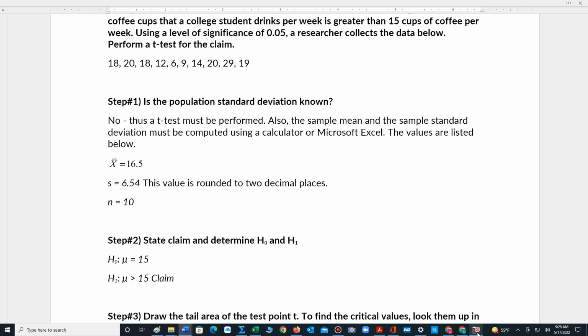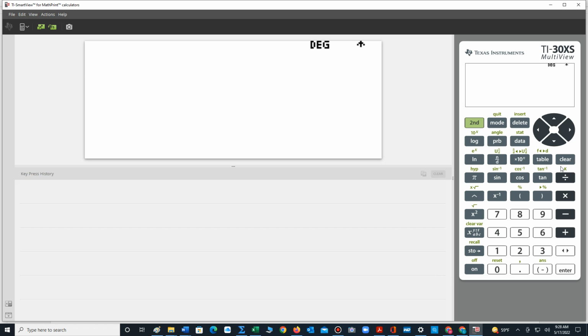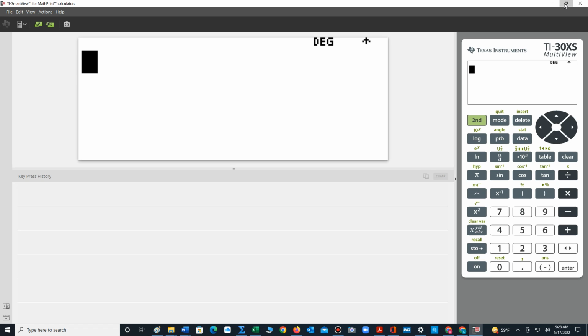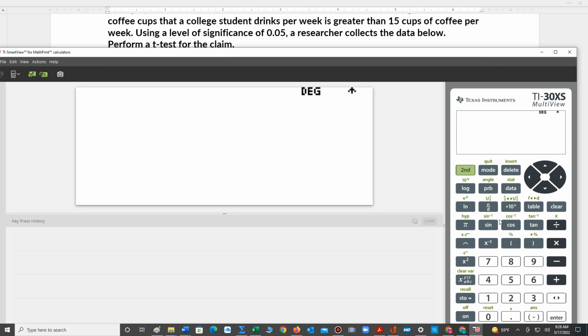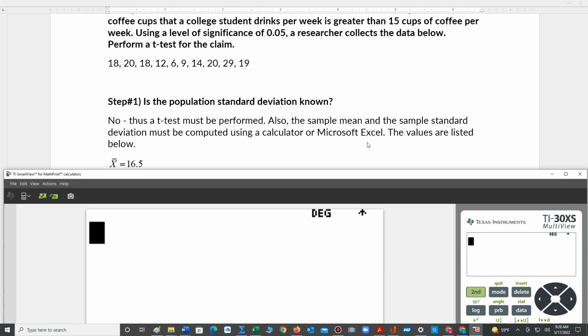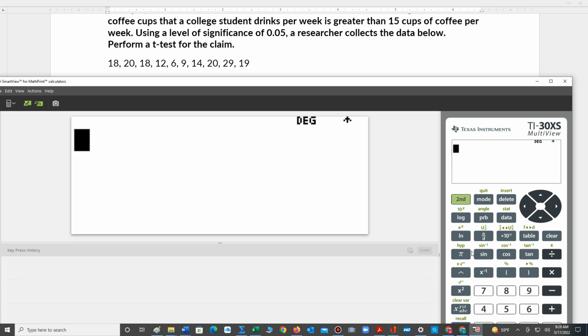Let's use a calculator to do this computation. With the calculator, we have to use a stats mode, and your calculator may be slightly different than this version. So you may have to watch one of my other videos that demonstrates how to perform such a computation with a different calculator.